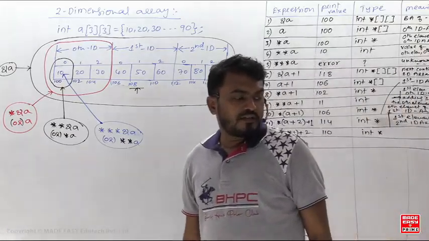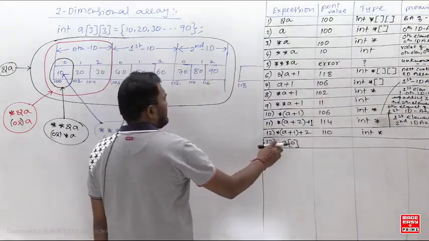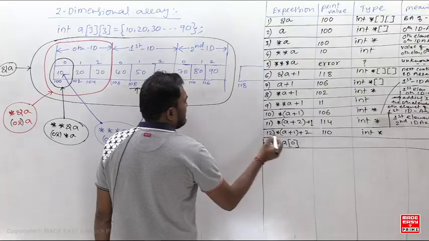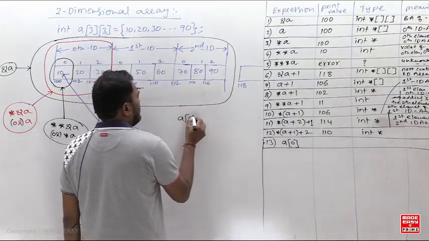Arey, why are you giving wrong answers? Okay, A of 0, you just expand it. A of 0.